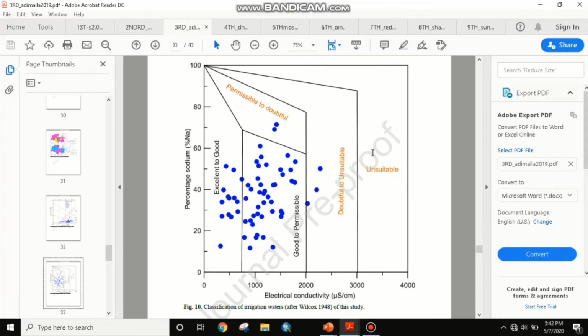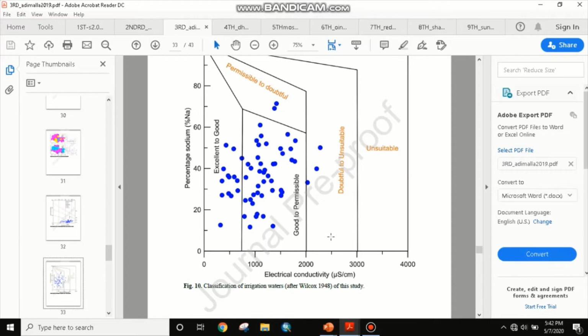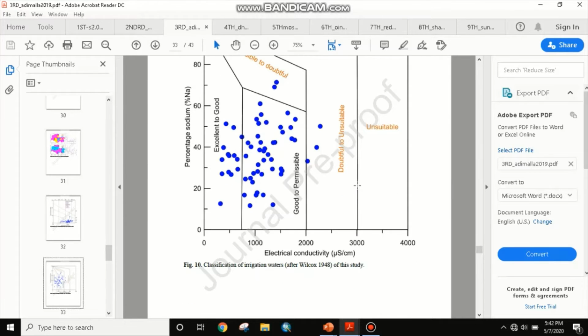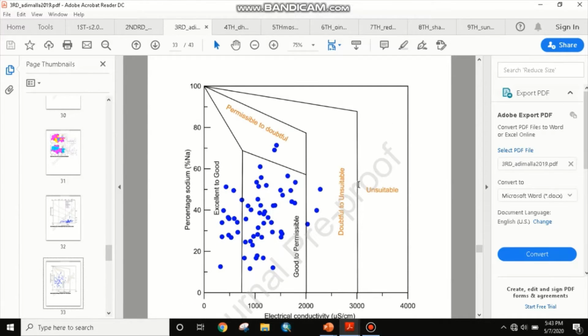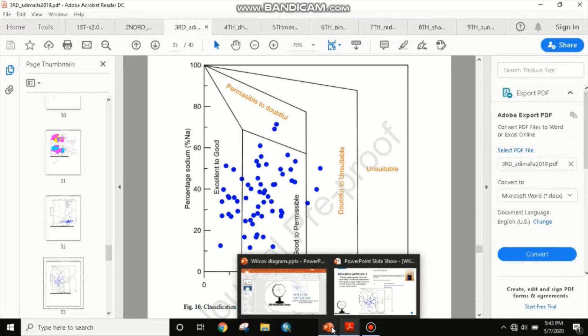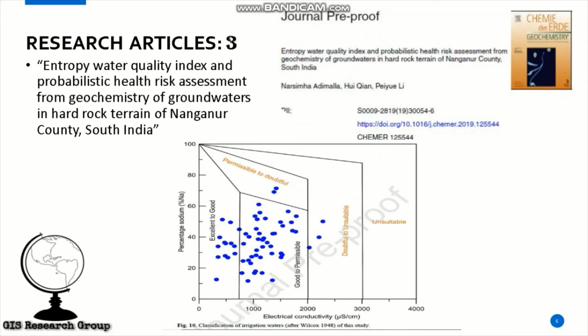There is no sample present in the unsuitable area. So they have interpreted it as moderately excellent to doubtful quality of groundwater for irrigation purposes. So this is the interpretation from the Wilcox diagram. Let's have a look at our next slide.